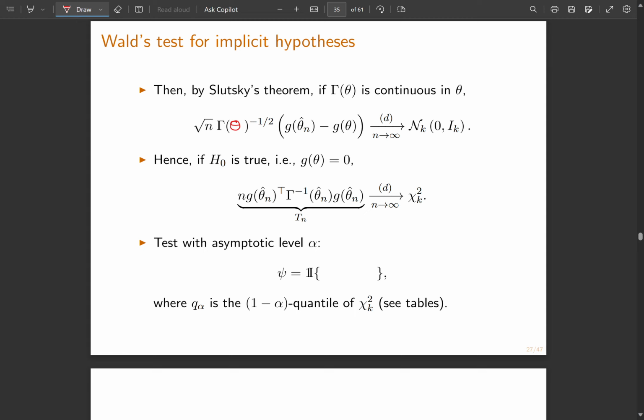Therefore, we cannot say that under null hypothesis theta is theta naught, because we don't know what actual theta is.